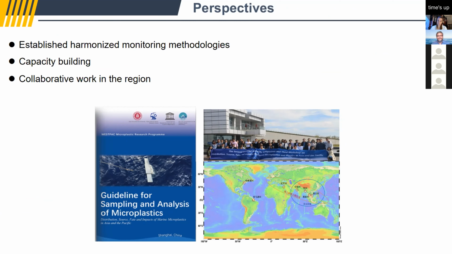One is to do capacity building in this region, like during the next Oceanographic year, and improve the research capacity using this methodology. And then based on this, we can do further collaborative work in this region to improve our understanding of the real export of plastic and microplastics.